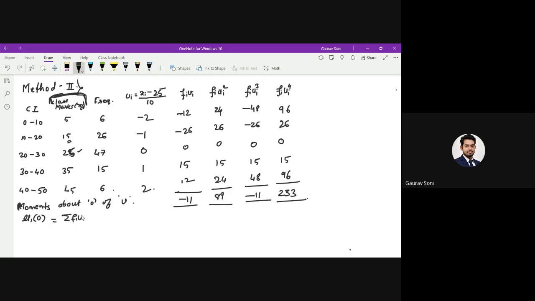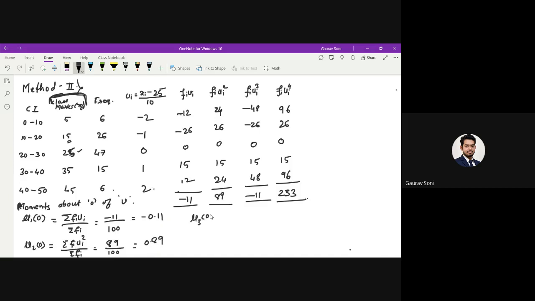Summation fi ui upon summation fi. So that is minus 11 upon 100, that is minus 0.11. Mu2 of 0 is summation fi ui square upon summation fi. What is this? 89 upon 100. The value is 0.89.